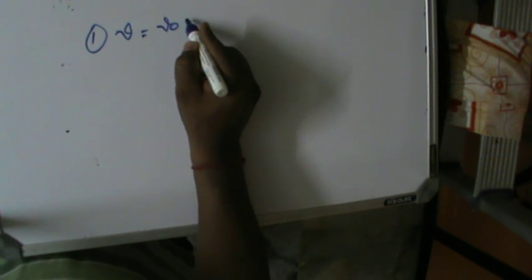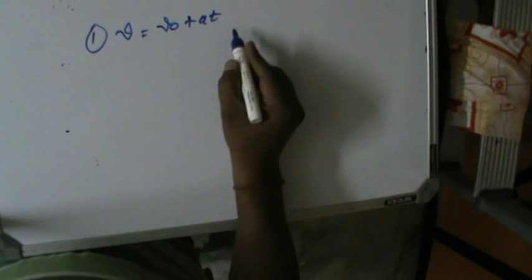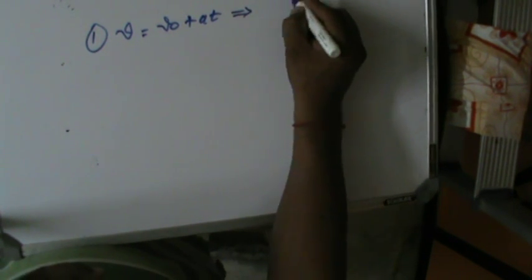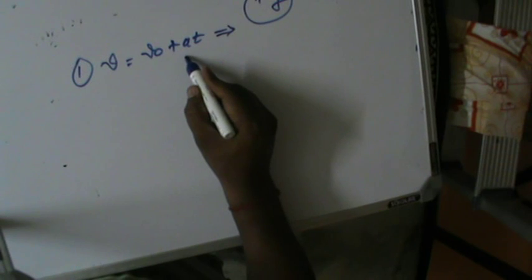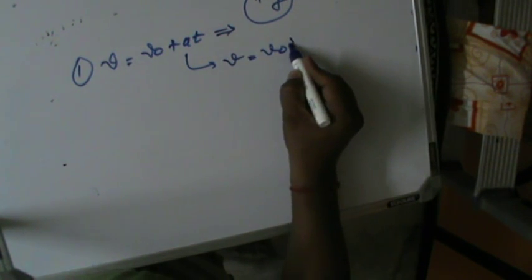One equation you know, v is equal to v0 plus at. You can transfer this equation for a equal to plus g in the downward direction, then v is equal to v0 plus gt.